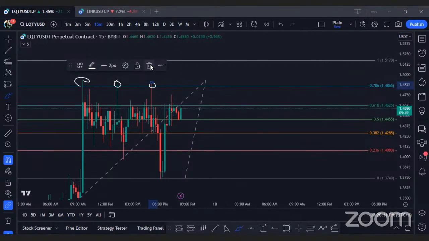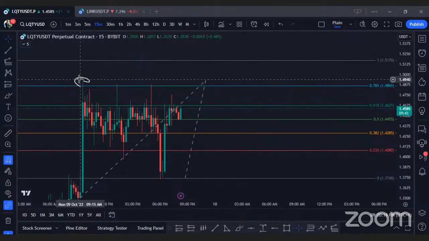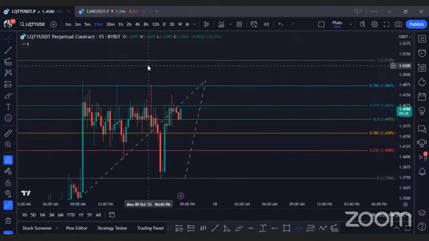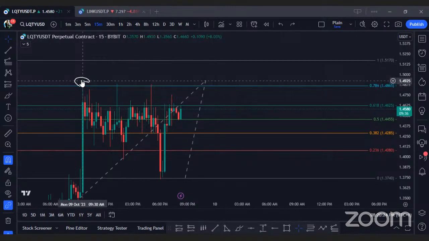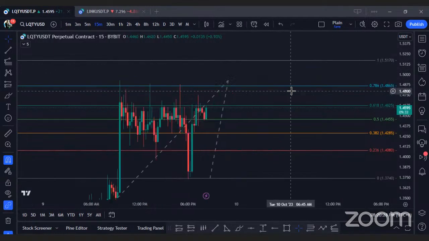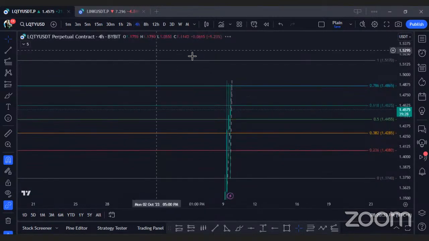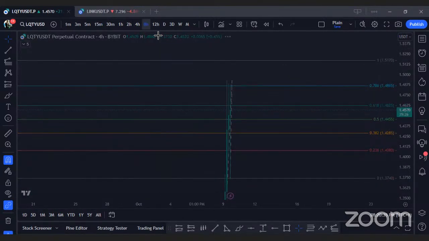So if we break through this area, where the extension now comes in is that if we break through this area and start going up, possible areas where this token can actually move to, if we go to higher time frame. Normally I use the drawings on the 15 minutes time frame.